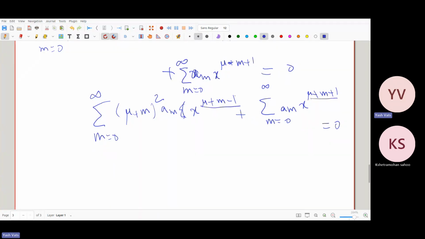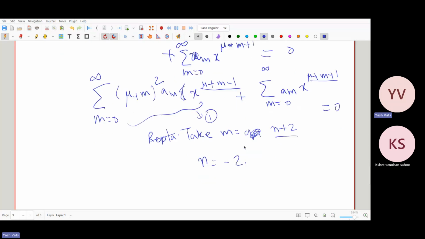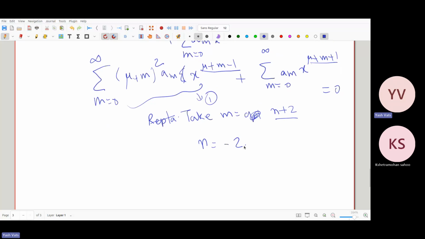So replace m by n plus 2. In the first one, take m equals n plus 2. Then n starts from minus 2, because when m is 0, n is minus 2, of course.